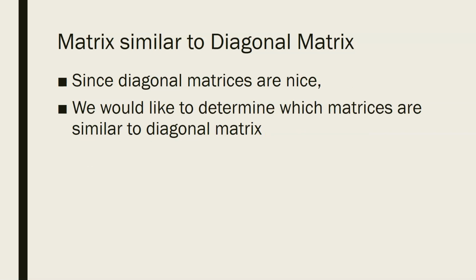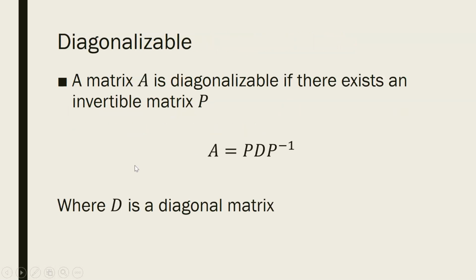So, since diagonal matrices are nice, what we'd like to do is find out which matrices are similar to a diagonal matrix. So we'd like to see if we can create a diagonal matrix which is similar to the matrix that we're given. And that's the idea of being diagonalizable.